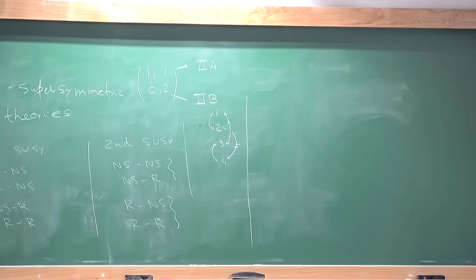The difference between type 2A and type 2B is that in type 2A, the chirality of the spinors in the NSR and RNS, for example, or in the Ramond sector, is different. As a result, the supersymmetries that you get in the left sector and right sector have opposite chirality.